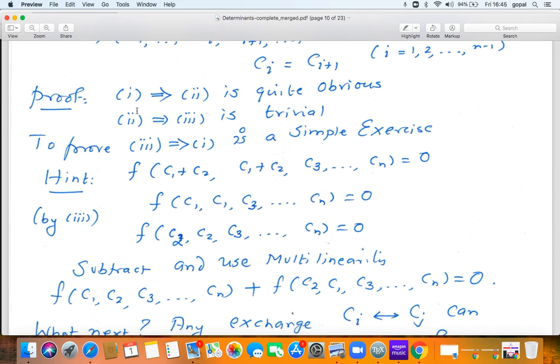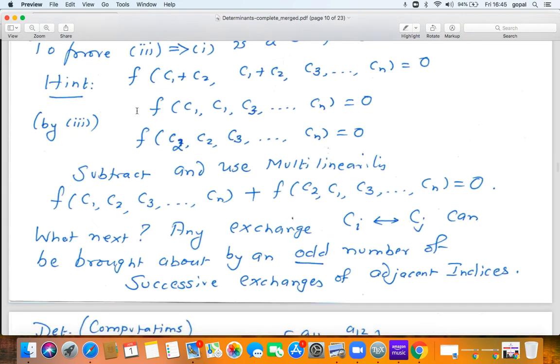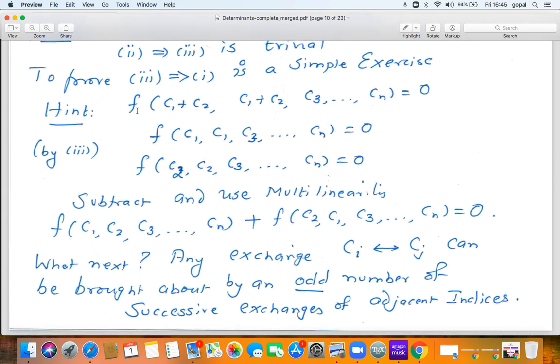Now, from adjacent columns, I want to move on to the more general thing. What happens when I swap 2 non-adjacent columns? I make a transposition of Ci and Cj, where i and j may be far away. j will not be equal to i plus 1, or i is not equal to j minus 1. So remember, what is the swapping of i and j?